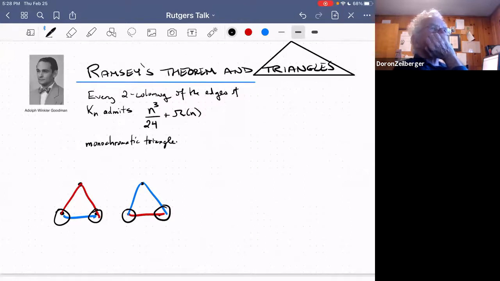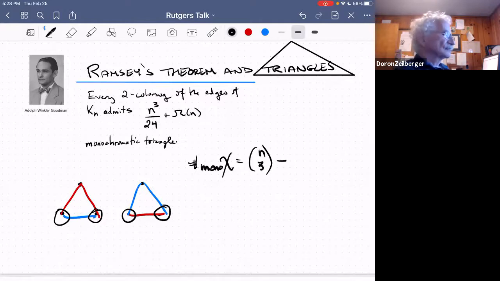So the number of monochromatic triangles is going to be the total number of triangles, n choose 3, minus the number of ways I can have a vertex.